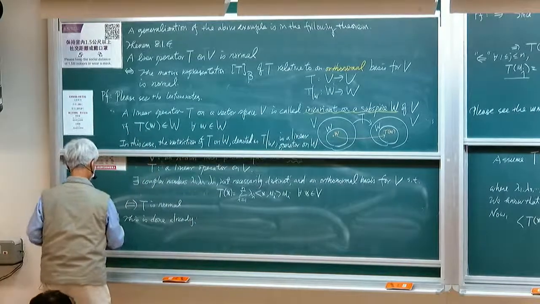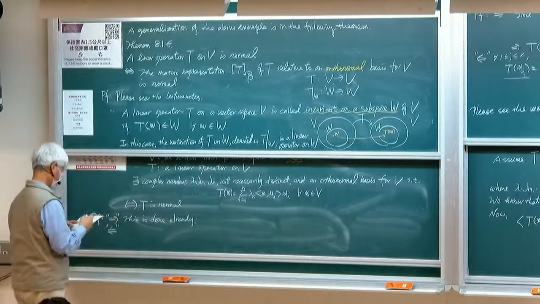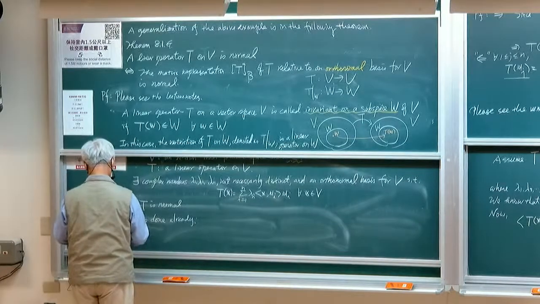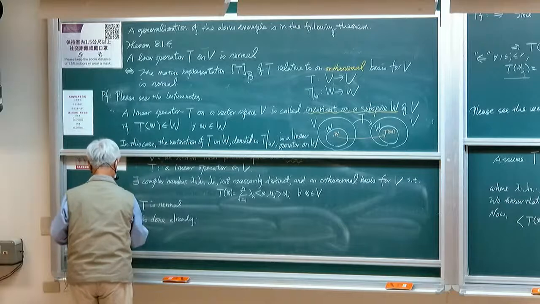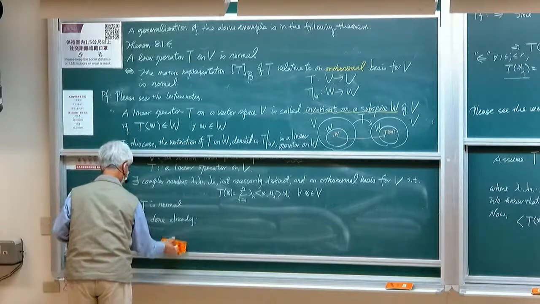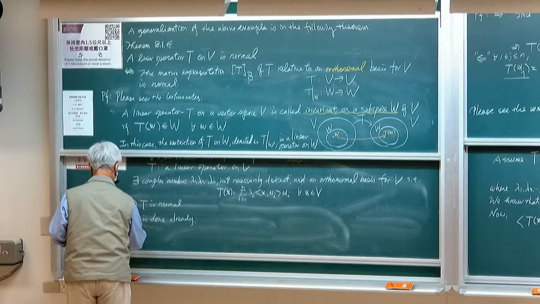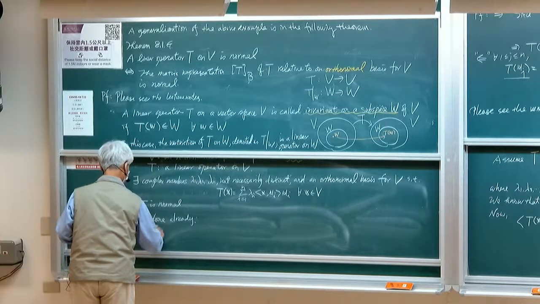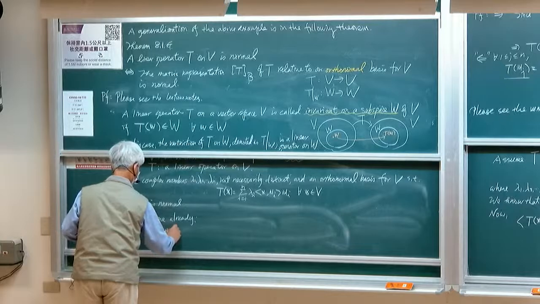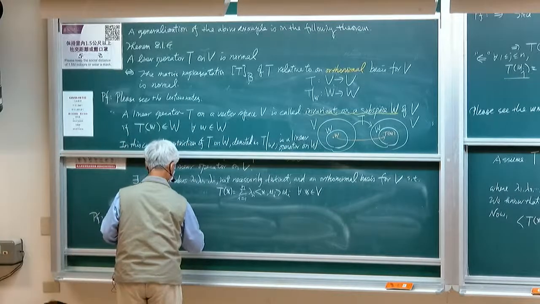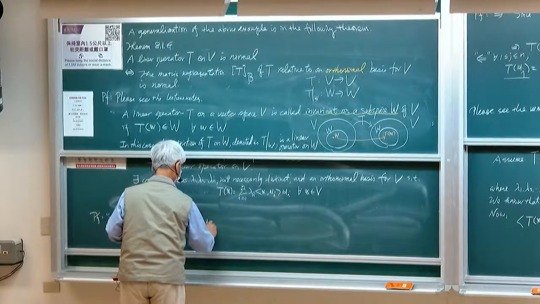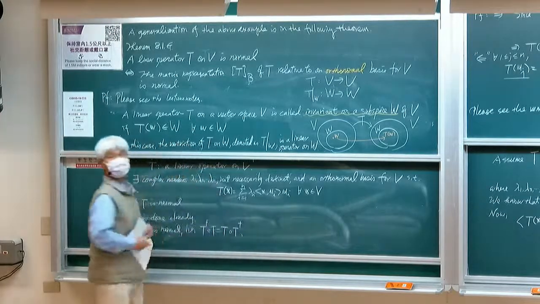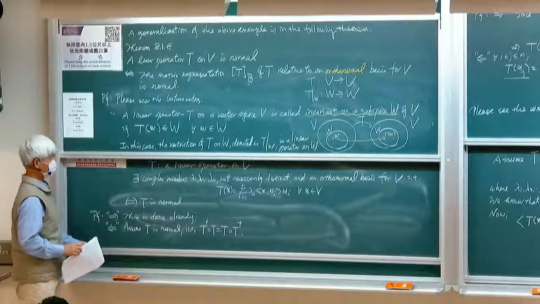Now we have to prove the reverse direction. So now, assume that T is normal, i.e. T dagger T equals T T dagger. So we have to assume that.